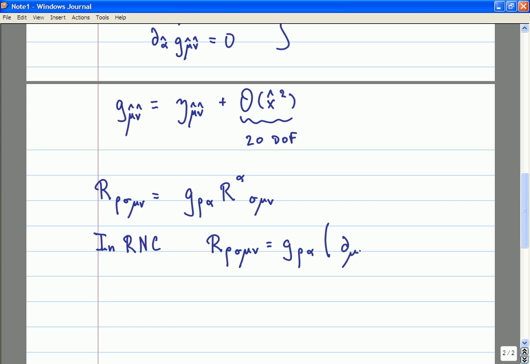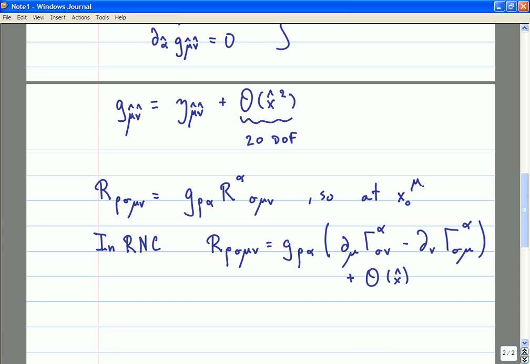The terms involving the derivatives of the Christoffel symbol are the only ones that will contribute to the Riemann tensor in Riemann normal coordinates. Of course, there are, in addition, terms that are of order x hat.